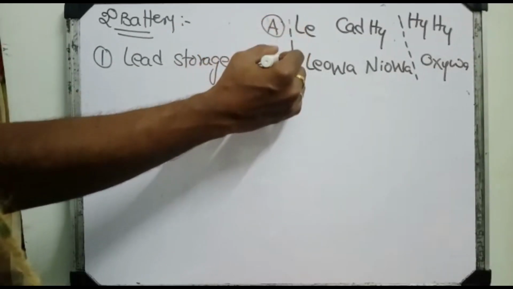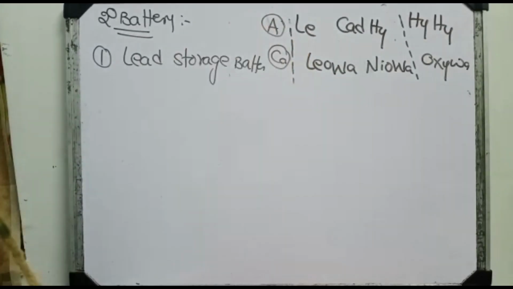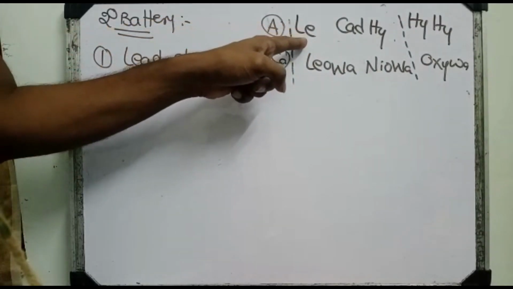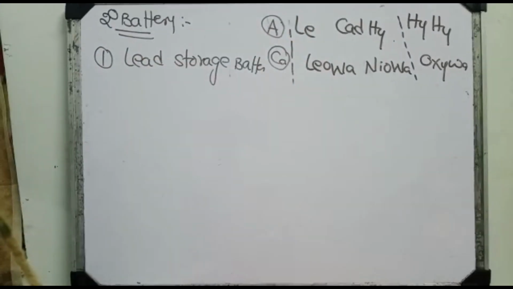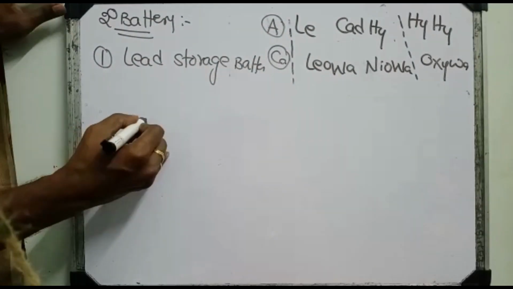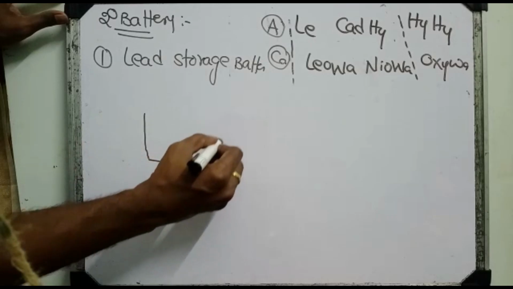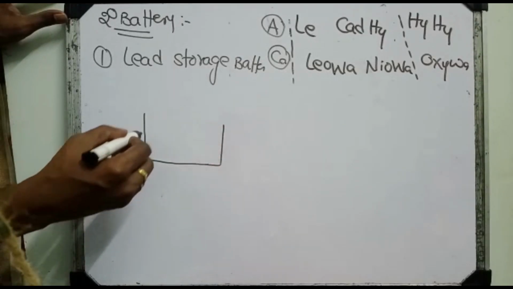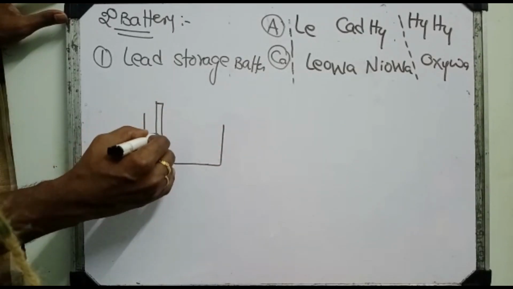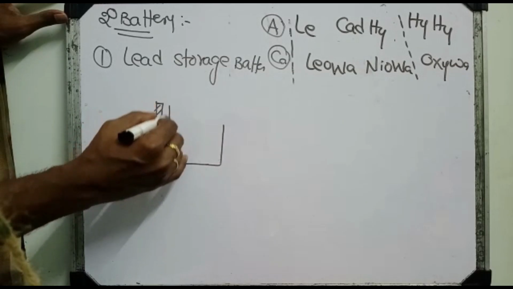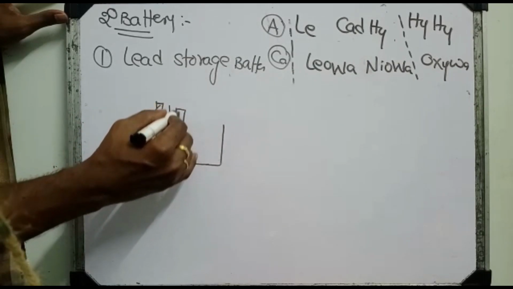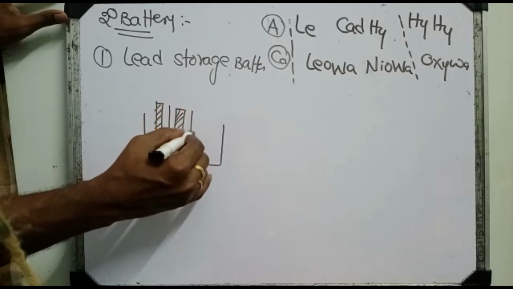What is anode, what is cathode? Anode is lead, cathode is lead oxide. A big tank is filled with concentrated H2SO4, and anode and cathode plates are arranged alternately.